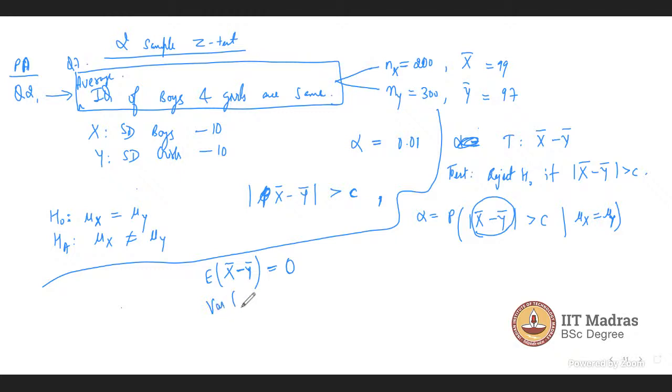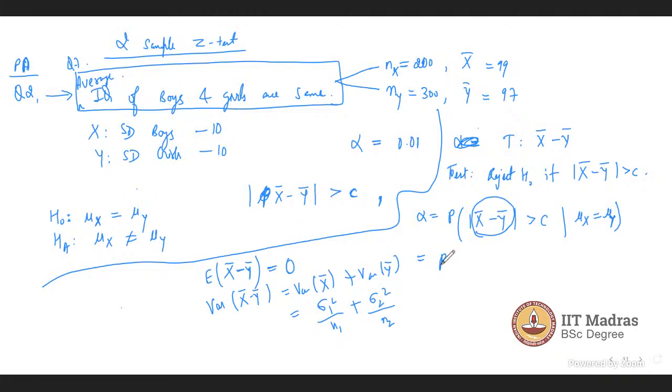Now the variance of X bar minus Y bar becomes variance of X bar plus variance of Y bar. Variance of X bar is sigma 1 square by n1 and variance of Y bar is sigma 2 square by n2. Minus 1 squared becomes plus.